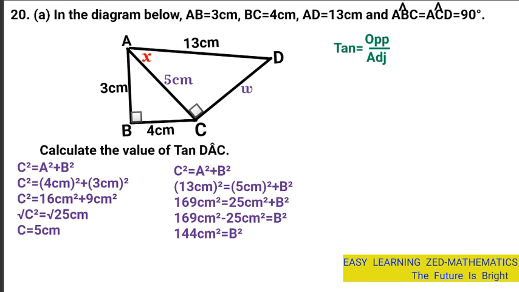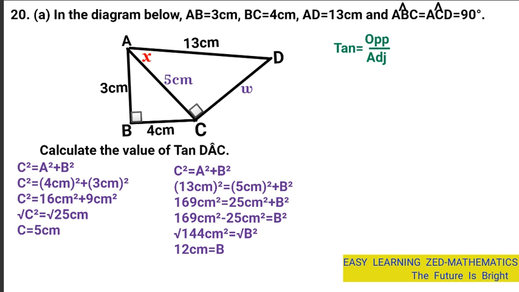The square root of 144 centimeter squared is 12 centimeter, and the square root of B squared is B. So the value of B is 12 centimeter, and remember, we are trying to find the length of the side CD, which is marked by W. So the value of W is 12 centimeter. We're going to put 12 centimeter there.